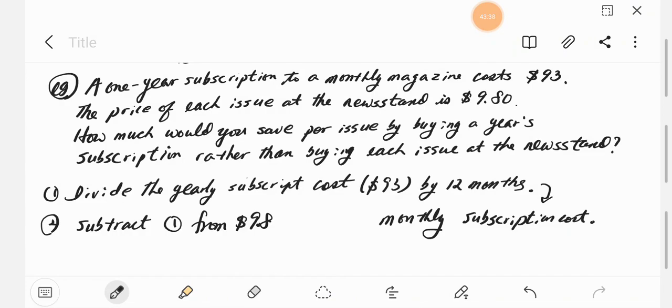And then if you buy each issue every month, then that is $9.80. So we want to subtract the monthly subscription cost from $9.80.